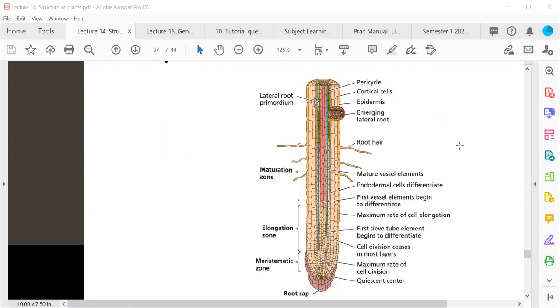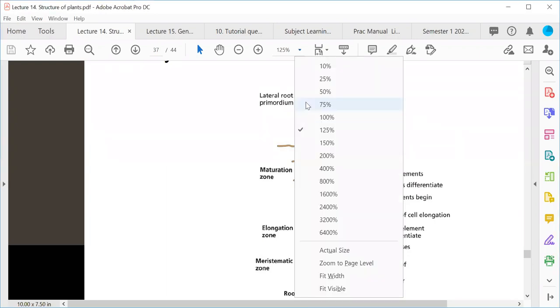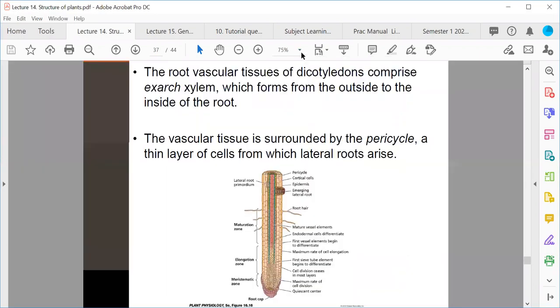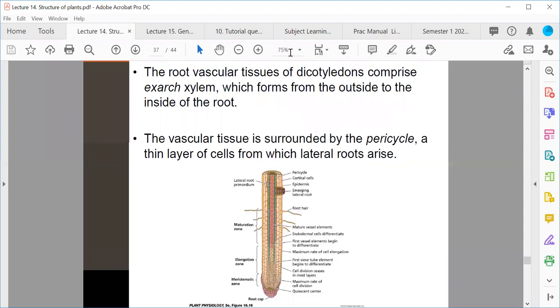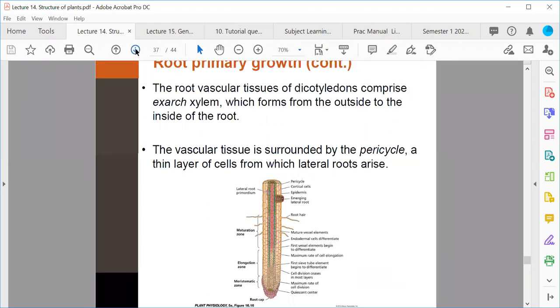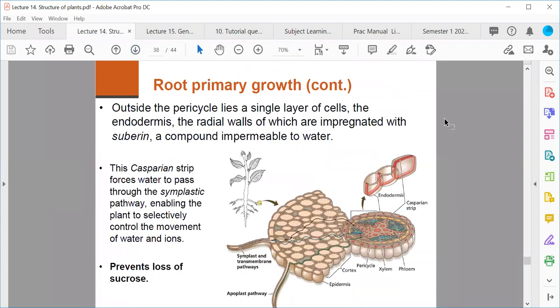All right, so let me get that down. So now we're going to look at that cell layer just to the outside of the pericycle, and it's called the endodermis.